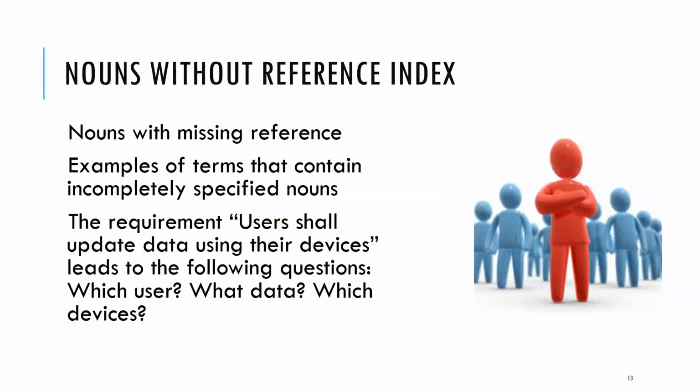Then nouns with reference index. This happens when we miss the appropriate adjective for a noun. We may say users, whereas we actually may intend to say normal users or super users. So missing the word normal or super can have a different meaning.